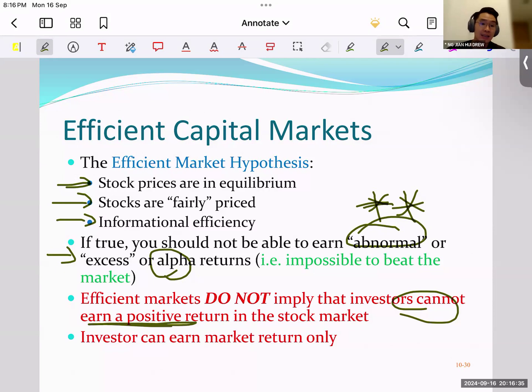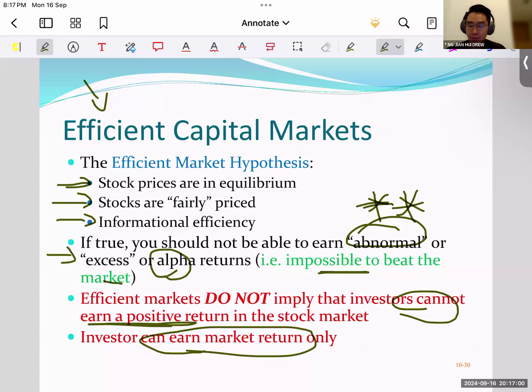So it's impossible for the investor to beat the market. The important part is that the efficient market hypothesis says that the investor can earn only normal returns, not abnormal or excess returns. So the investor can earn market returns. Now this is very important. So again, I repeat one last time: the efficient market hypothesis says that the investor can earn normal returns, but not abnormal or alpha returns.